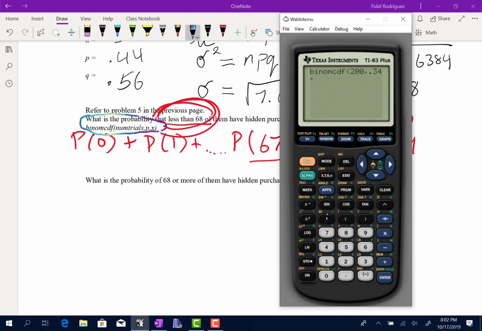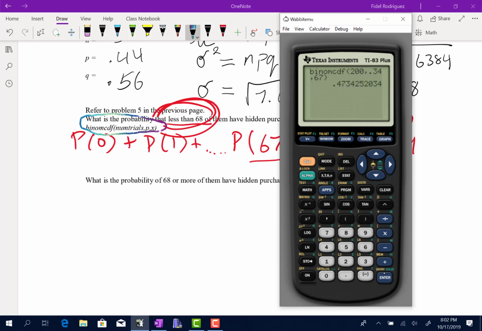Guys, we're going to stop at 67 because the CDF means cumulative. Cumulative means we're going to go 0 and 1 and 2 and 3, and we're going to start adding up all those numbers together all the way till we get to the number 67. So I'm going to stop at 67, and I'll hit enter, and there's our answer.